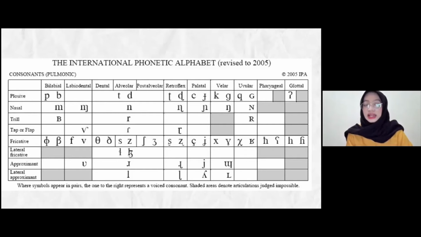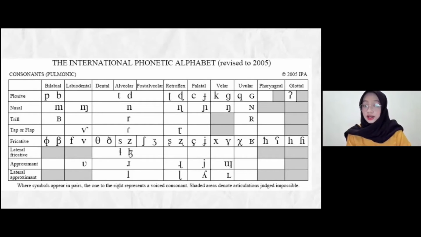Okay, next we come to the uvular consonants. Ka, aka, ga, aga, nga, anga, ra, ara, ha, aha. After that are the pharyngeal consonants.